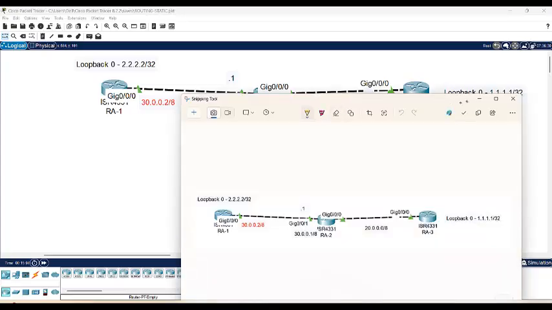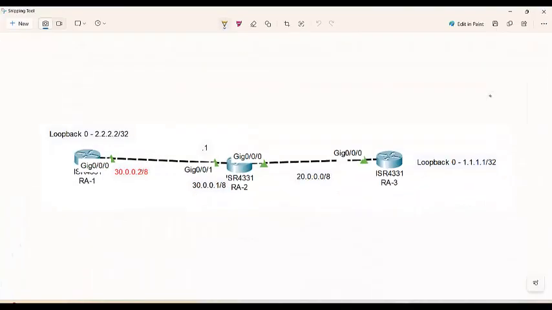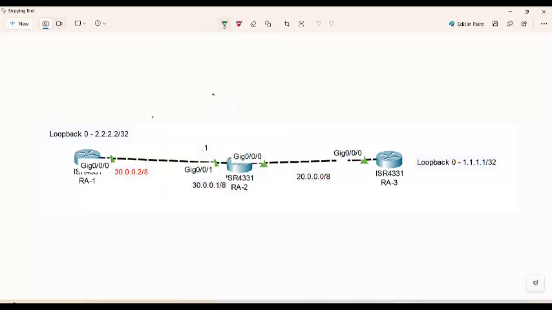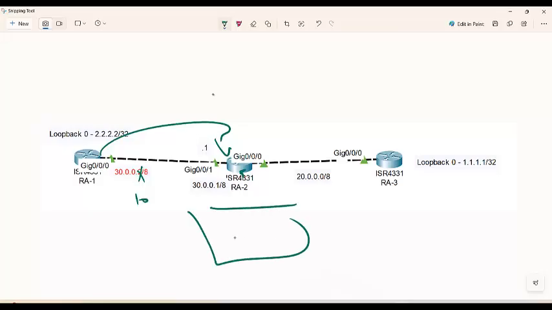Now when I go and change this address to 30.0.10, immediately the protocol will intimate this guy, hey, the gateway is changed. To come to 2222, you should send it to 300010. Then this router autocorrects in the routing table saying 222 network, I need to send to 300010.